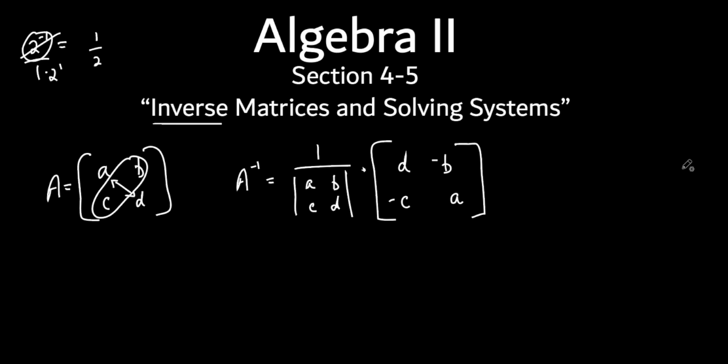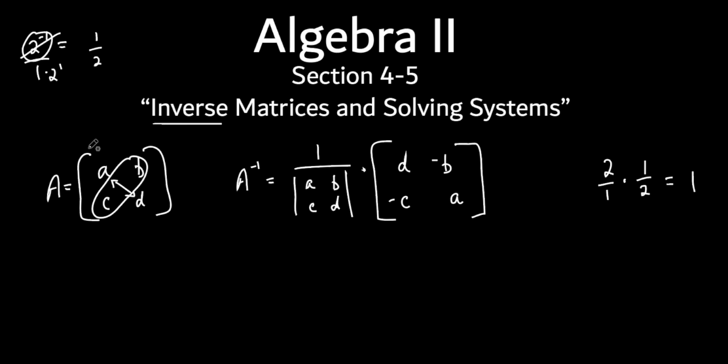Do you remember, like, 2 times its inverse? What's the inverse of 2? It's 1/2. 2 times 1/2 is what? 1. So if I took this, and I think they do this in the book, but I just thought it was a little too time consuming, so I left it out.